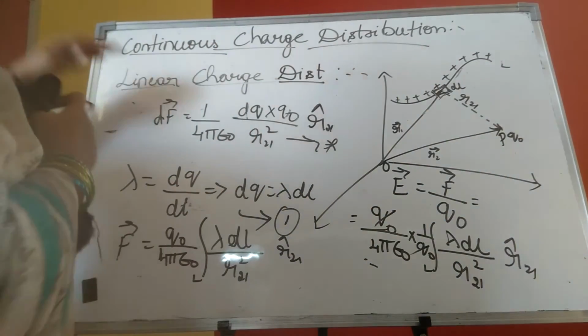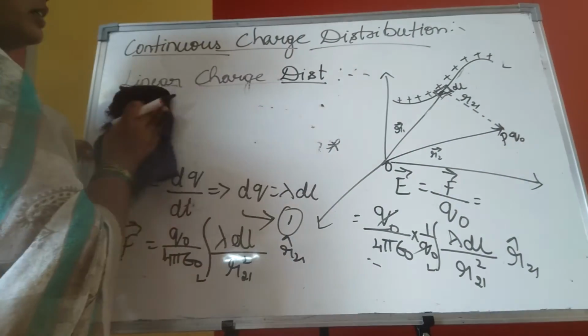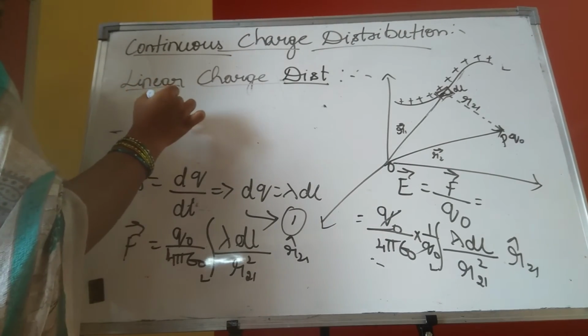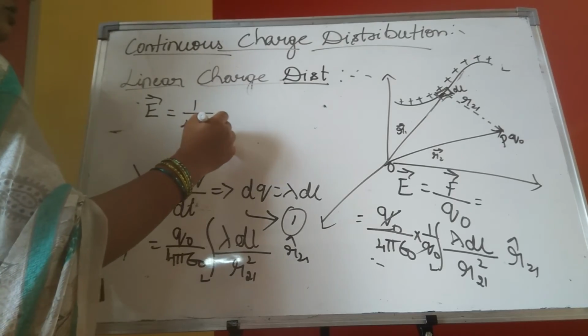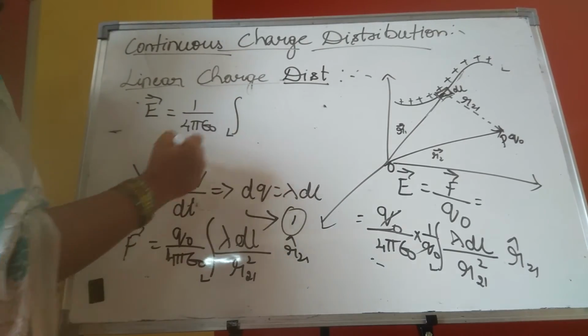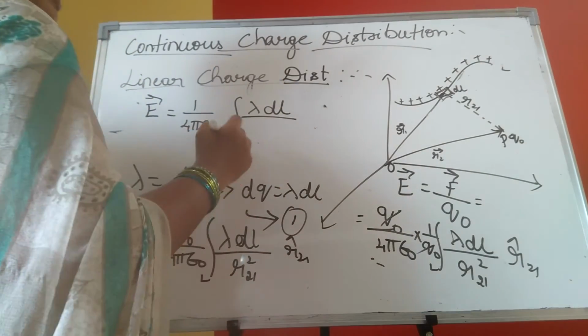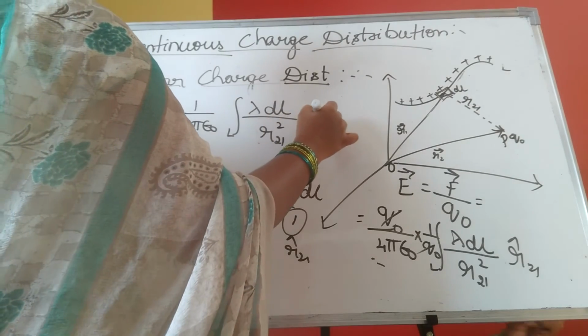Let me repeat, if you have made a note of it, I'll write it. The electric field E will be equal to 1 by 4 pi epsilon naught integral over a length L of lambda dl, where lambda is the linear charge density, r21 is a position vector, and r21 cap is the unit vector.